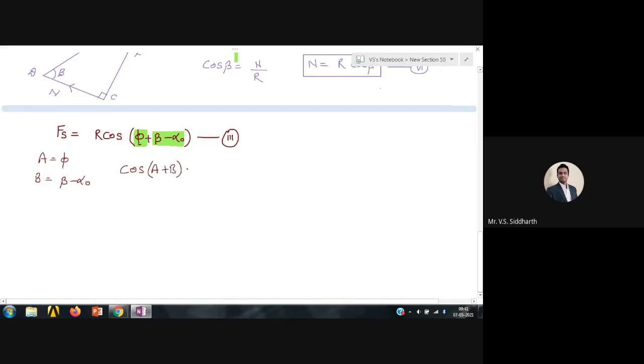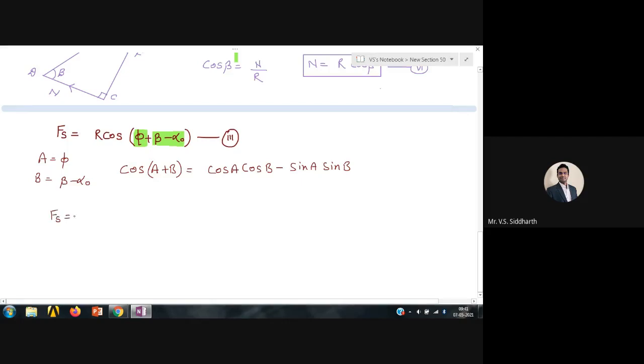So what is cos(A plus B)? Cos A cos B minus sin A sin B. Correct or wrong? This is the formula, or is it sin A sin B minus plus cos A cos B? Correct, right? Okay. So apply this formula to this Fs.